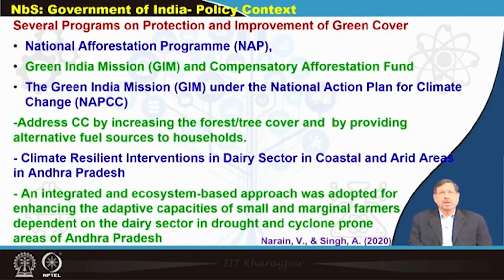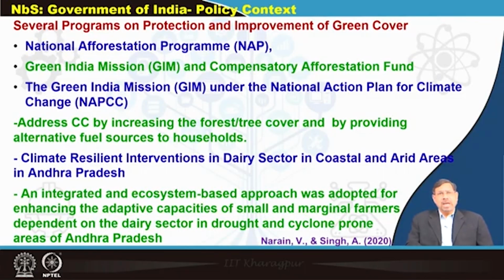Several programs on protection and improvement of green cover, the National Afforestation Program NAP, the Green India Mission GIM, and the Compensatory Afforestation Fund, have already been there. They mostly fall under our AFOLU sector, that is agriculture, forest and other land use changes.